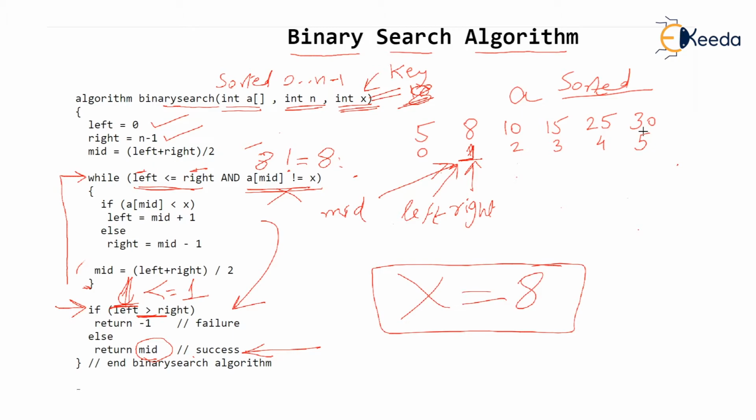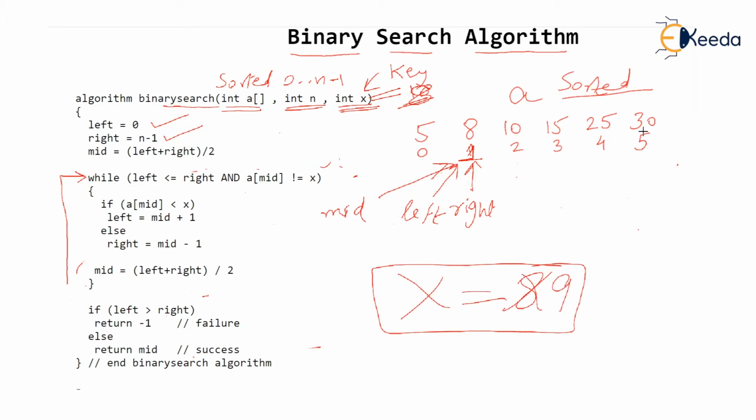Last thing is that the question on this first condition I would like to ask you is, why did we write the first condition left less than or equal to right? Instead of executing the whole algorithm again, just tell me if we were searching for a key such as, let's say, 9. We are searching a key 9, then 9 is absent.